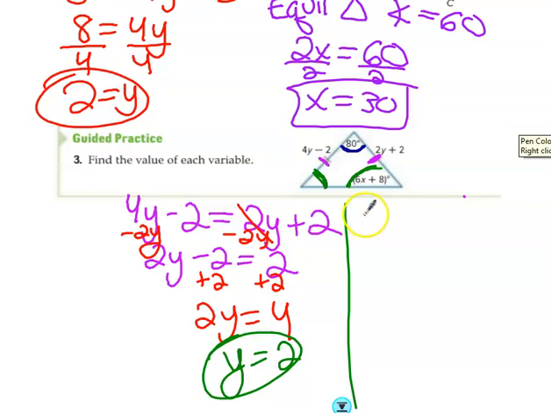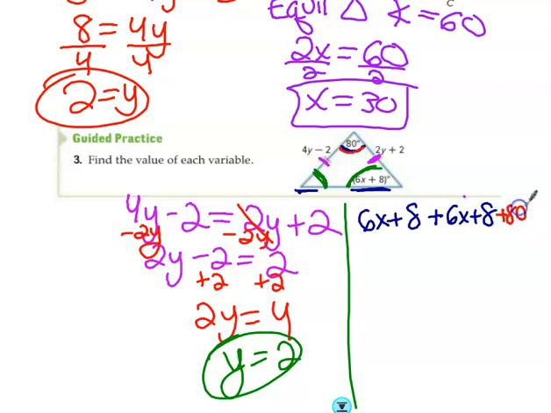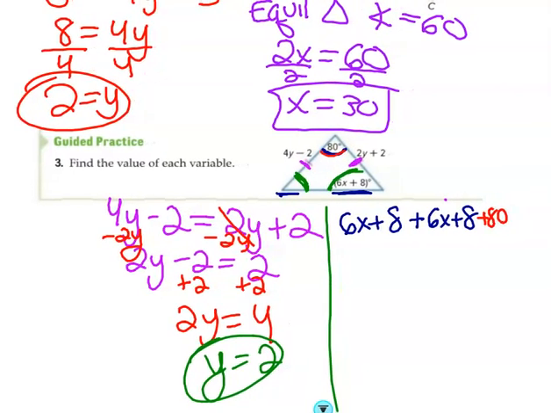So I have 6x plus 8, and I have 2 of those angles, so I'm going to write both of them down. And then I'm going to add 80 because that's my third angle, and that all equals 180.